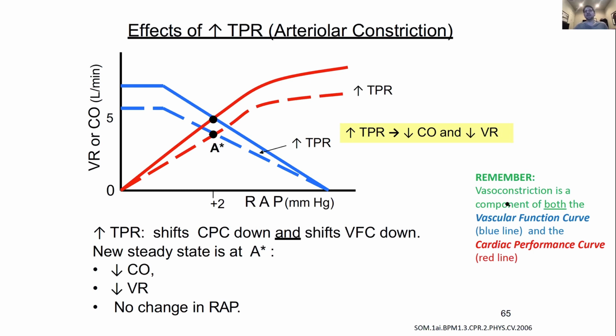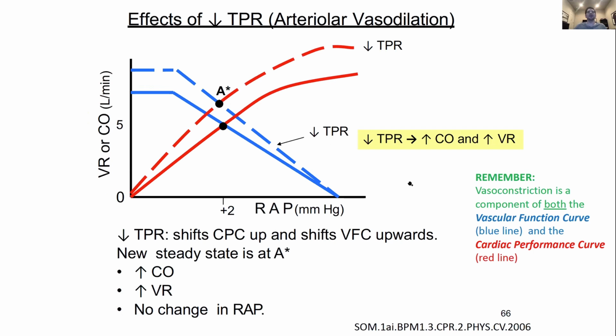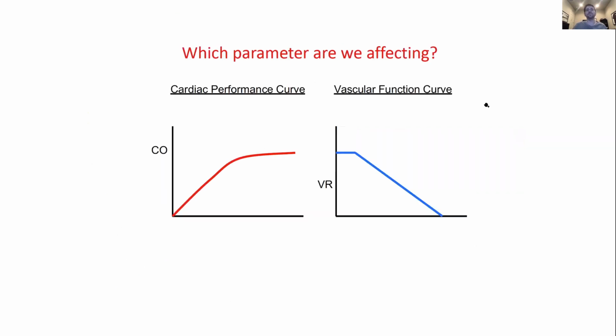So just keep in mind that this arteriolar constriction is a little funky. It does affect both curves, but the body does that so that you can stay at equilibrium, okay? Vasoconstriction, or sorry, vasodilation, similarly, right? The point is, by affecting both curves, we can stay at equilibrium. That's the whole goal.